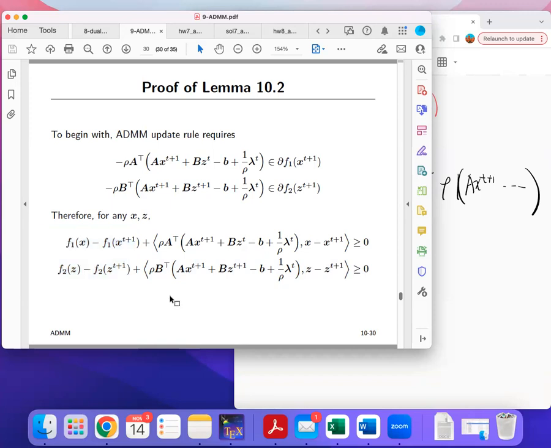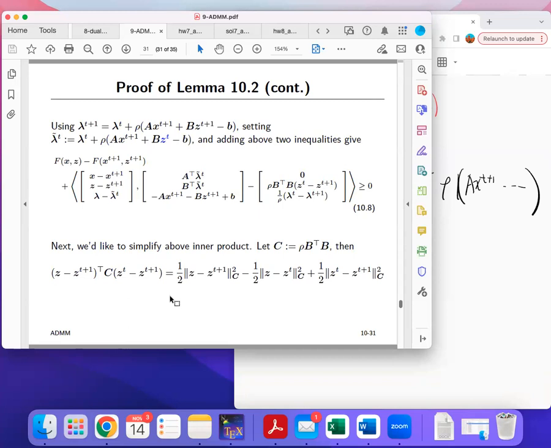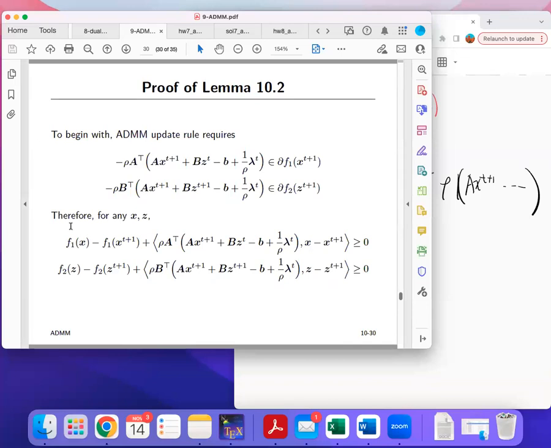Okay, so let's just put them together. So we will add the above two inequalities, sum them up. By summing them up, these four terms will give us f(x,z) minus f(x_{t+1}, z_{t+1}).